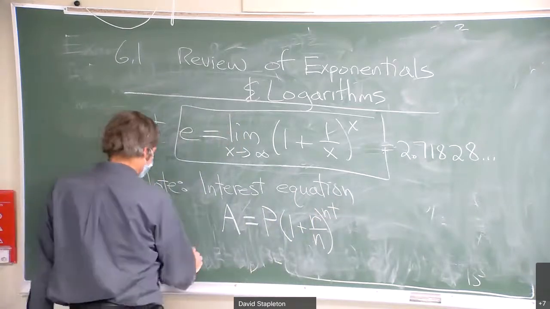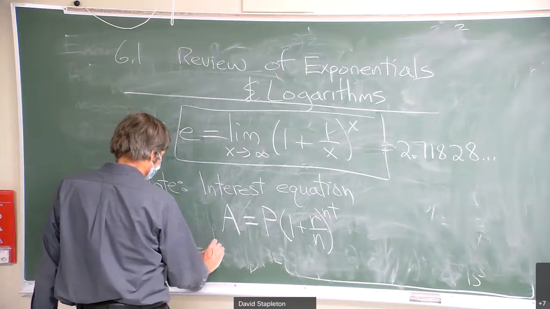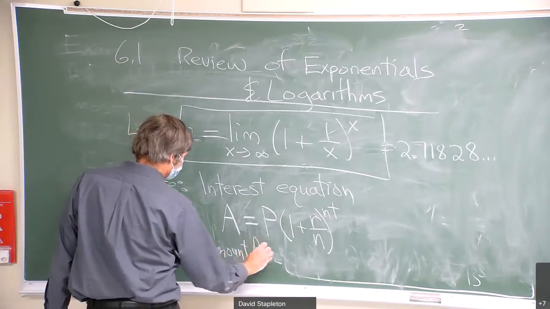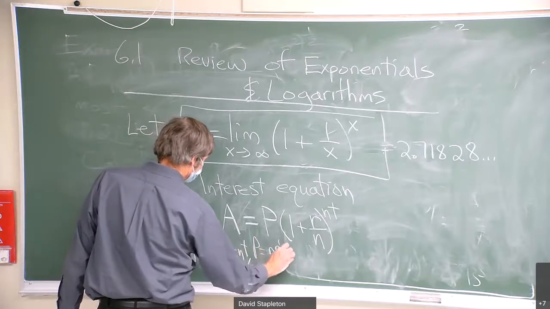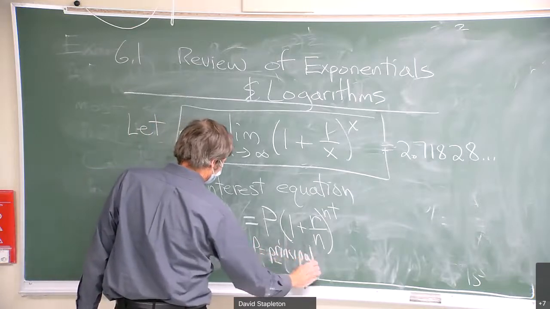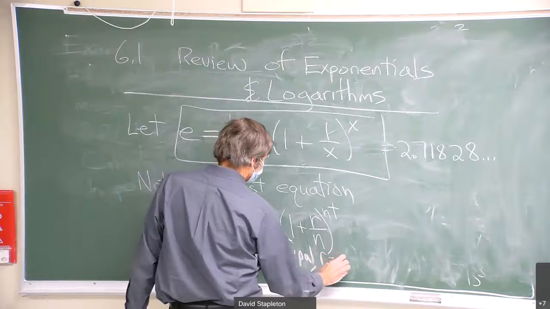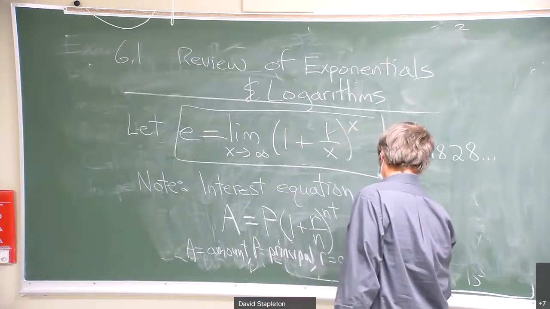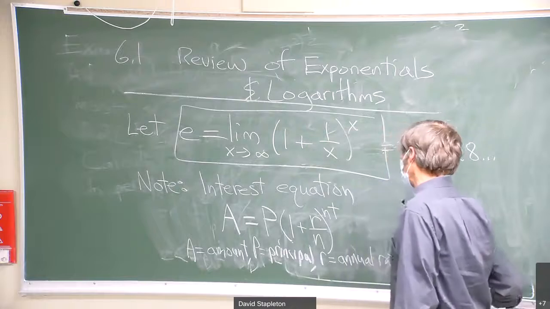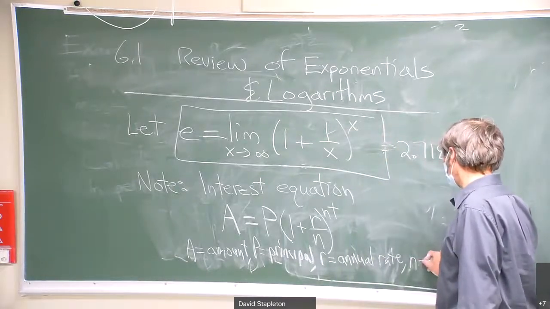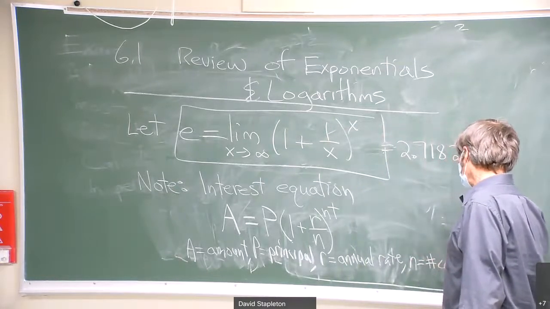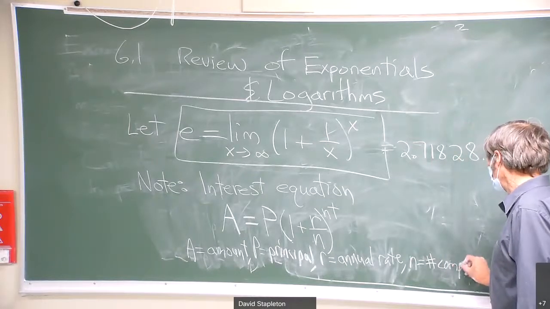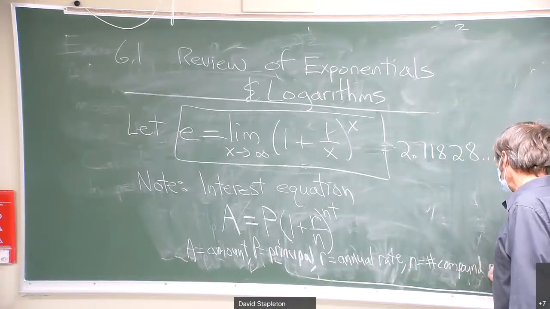So here, A equals the value of the account or your total amount. P is the principal, the amount to invest. R is the annual interest rate that's quoted. But it's also compounded N times per year. So N is the number of compounding periods. Like if it's compounded every month, it's 12. Compound periods per year.